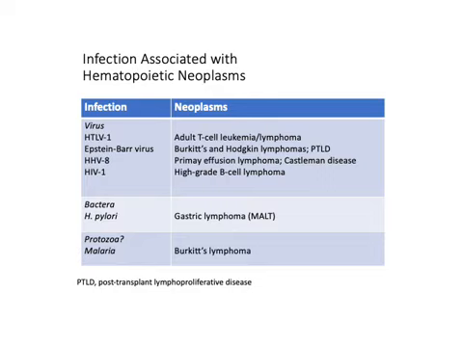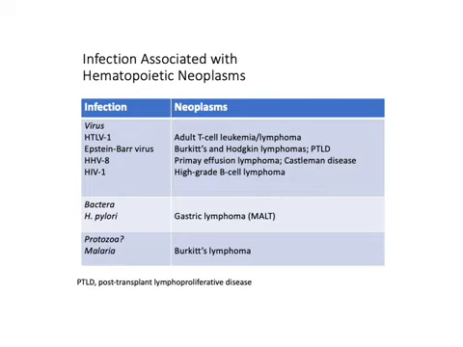Epstein-Barr virus is associated with Burkitt's and Hodgkin's lymphoma, as well as post-transplant lymphoproliferative diseases. Herpes virus, on the other hand, has been associated with primary effusion lymphoma and Castleman disease, while HIV is associated with high-grade B-cell lymphoma and often lymphoma arising in unusual sites.